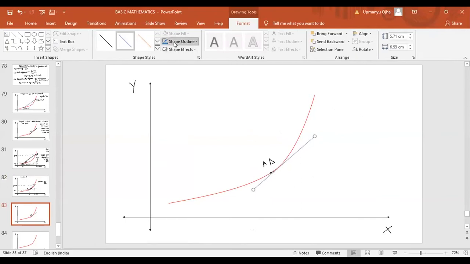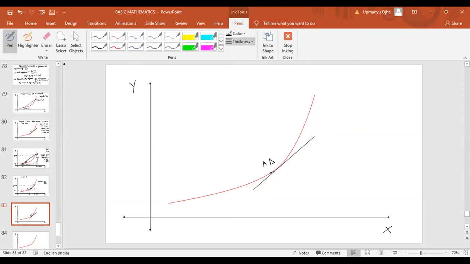We can see here that if A and B are very, very close to each other, so close that we cannot even distinguish these 2 points, then if we try to draw the secant here, that secant becomes the tangent to the curve. Again, can we find the slope of the tangent?